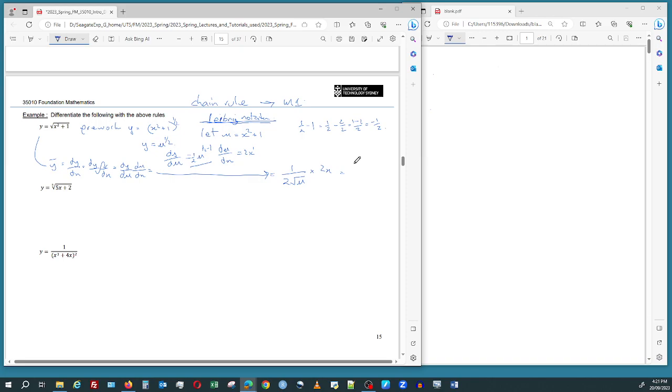So we put them together. 2x over 2 root u, and change the u back. And the u was x squared plus 1. And the 2s will cancel, and we're left with x over the square root of x squared plus 1. Ooh, there's our final chain rule. So this is quite a big deal.